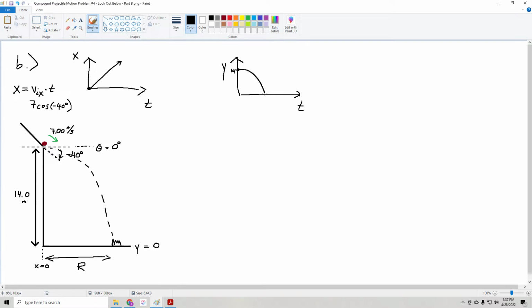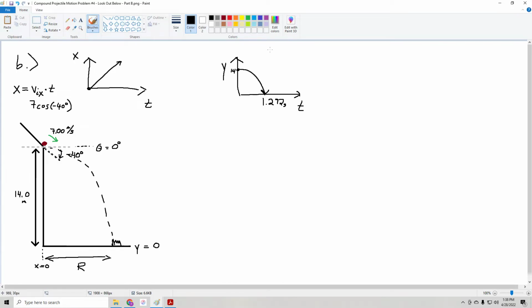It's going to look like this, where t right here, we said, was like 1.292 seconds. So it's a downward shaped parabola that begins at y is equal to 14.